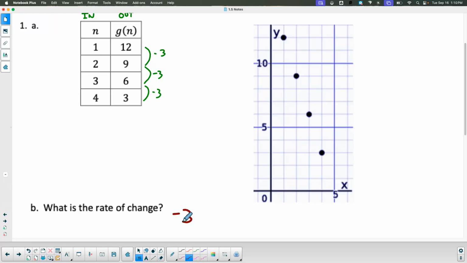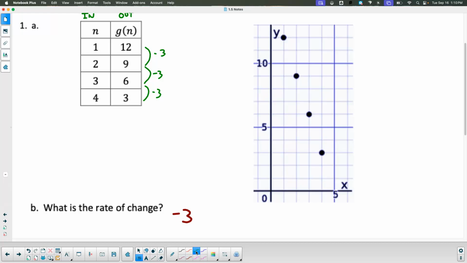Okay. How do I find that on the graph? Because the graph is the same as the table. On the table, we just looked at the outputs. How do I find it on the graph? Right, rise over run. It's the slope. Yeah, exactly. It's the slope of our line. And so what we're looking at here is our rise.